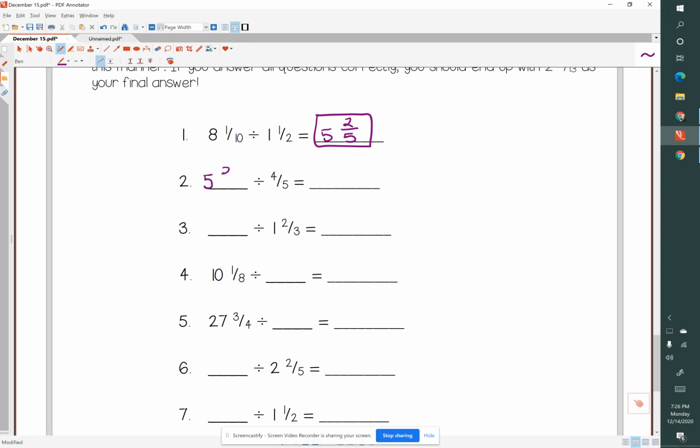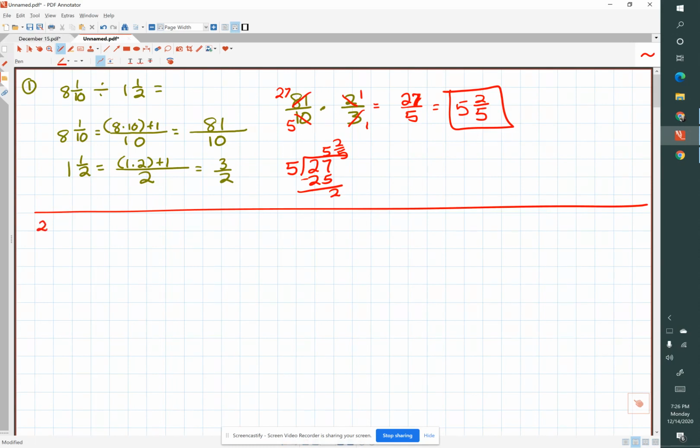That goes here. And we'll work the second problem.